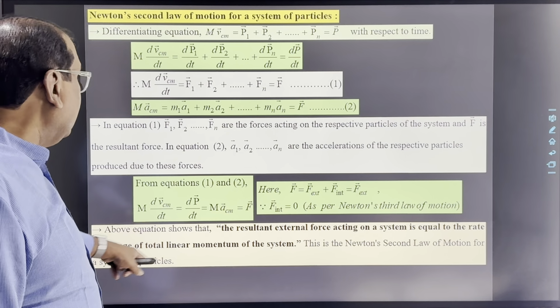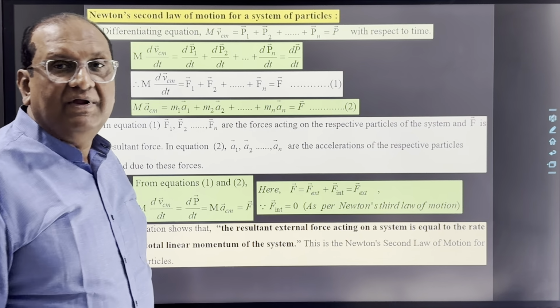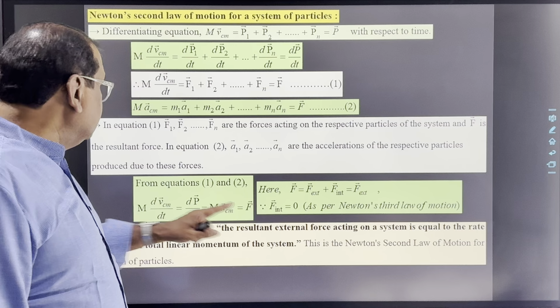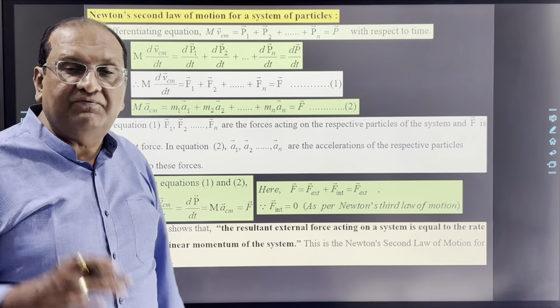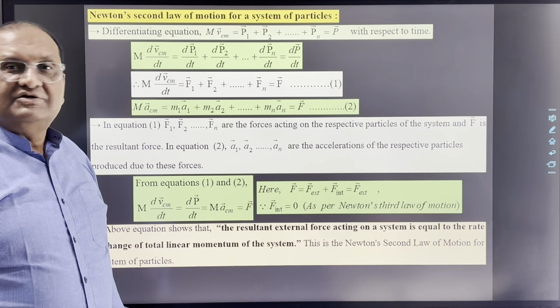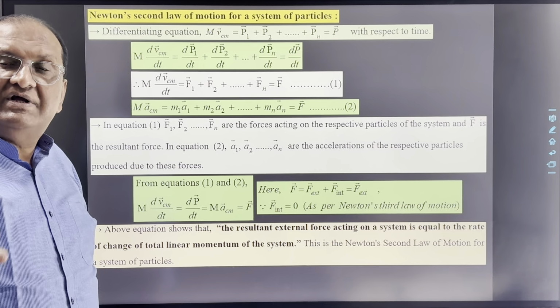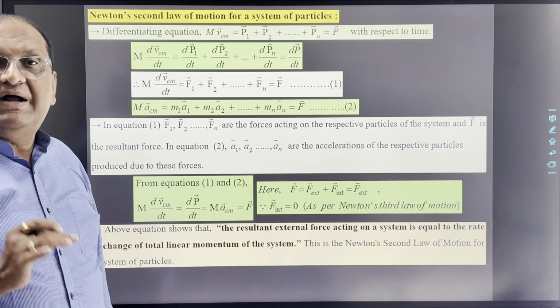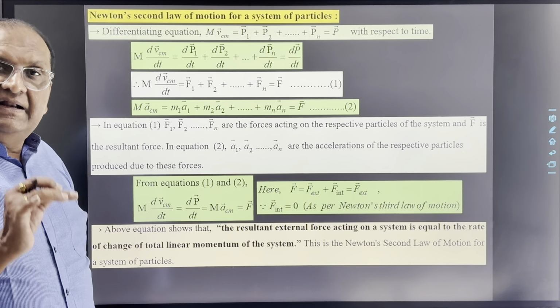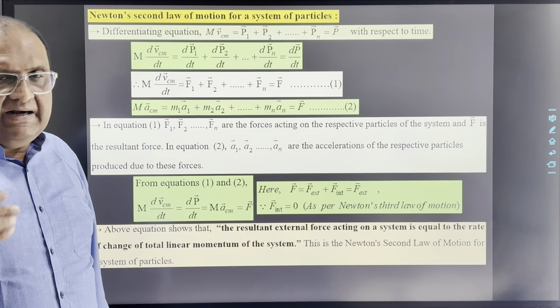So we can write now the resultant external force acting on a system of particles is equal to the rate of change of total linear momentum of the system. So in this way, we derived here Newton's second law of motion for a system of particles, right? And it is exactly like we discussed for a particle.